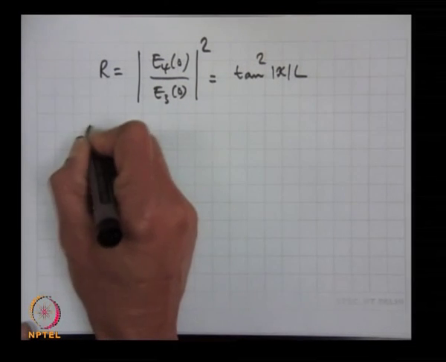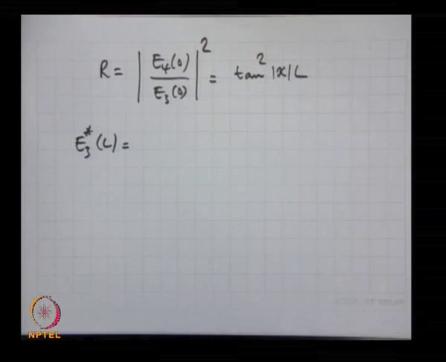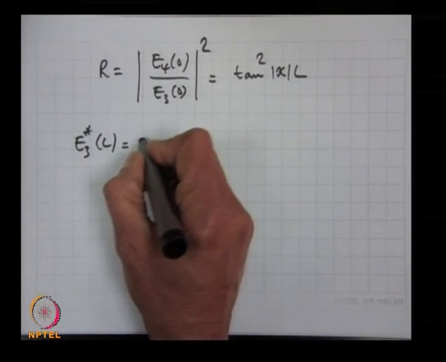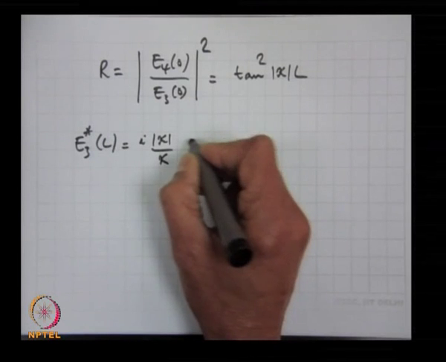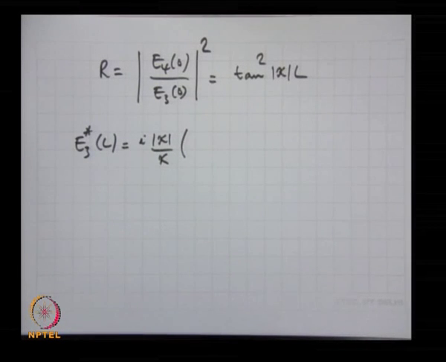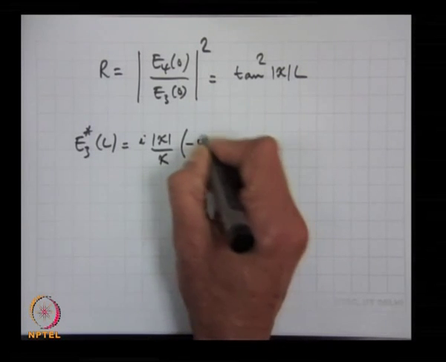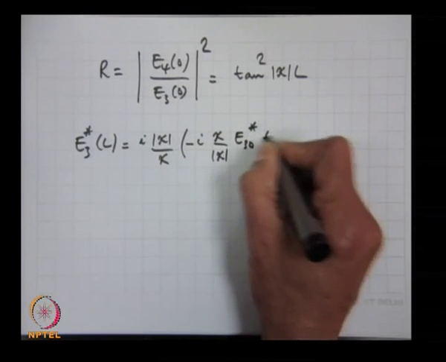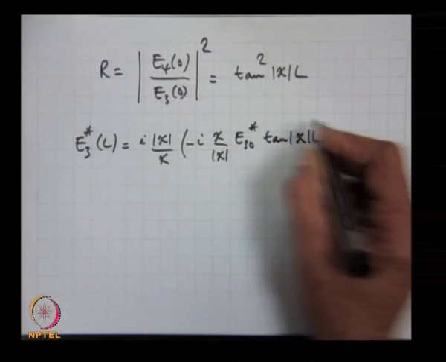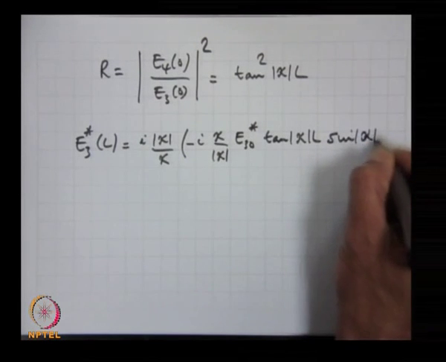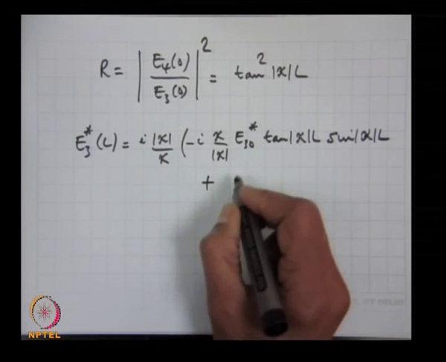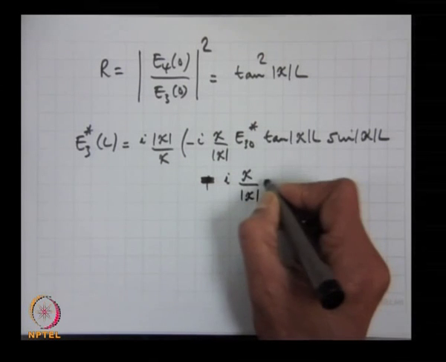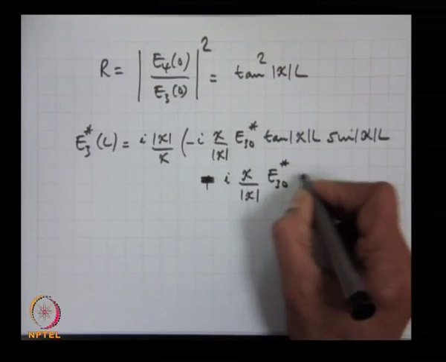So E3 star of L is actually i mod kappa by kappa into minus A. So minus A, let me substitute from here, minus i kappa by mod kappa E3 0 star tan mod kappa L into sine mod kappa L plus B, which is minus i kappa by mod kappa E3 0 star into cos mod kappa L.